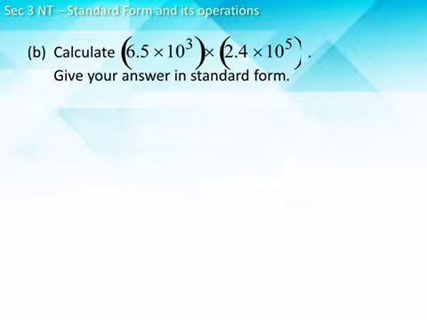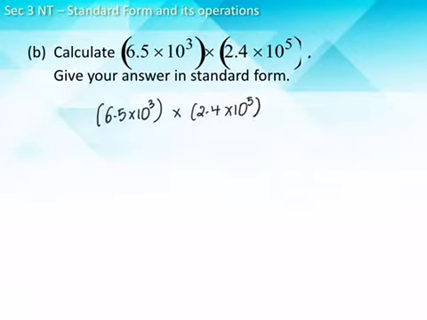Next one, calculate the following in standard form. So I have bracket 6.5 times 10 to the power of 3 multiplied with 2.4 times 10 to the power of 5. Let us key this into your calculator because the question already says calculate.